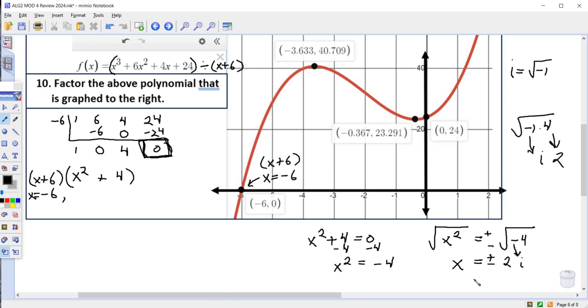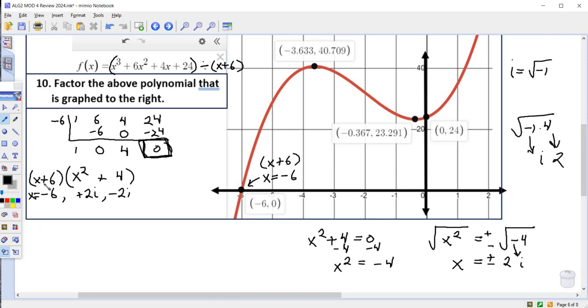So my two roots for this x squared plus 4 factor are positive 2i and negative 2i.